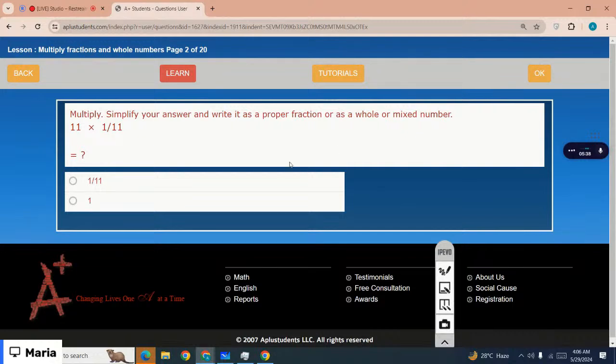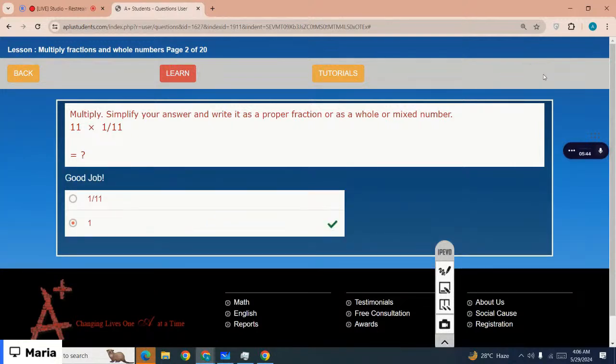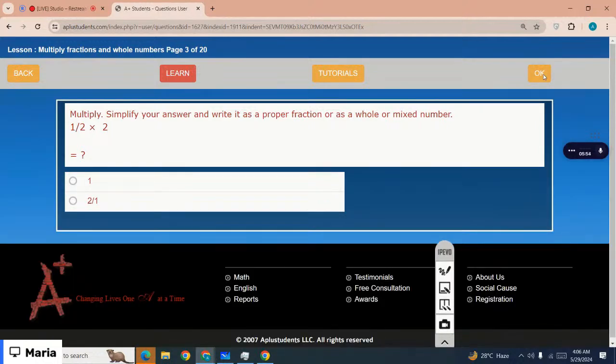The correct option is 1, yes. The next one is 2 times 1 over 2.